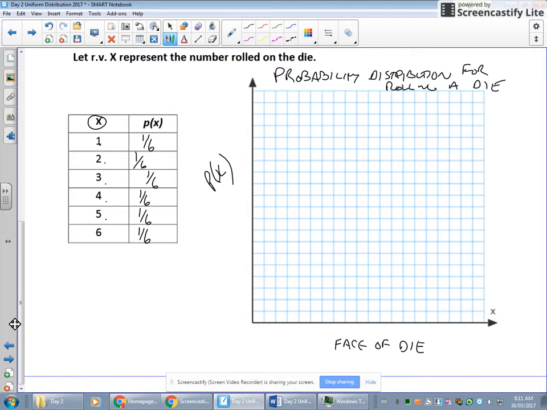So if we go up by 1 over 6, the probabilities for a 1, a 2, a 3, a 4, a 5, or a 6 are all 1/6. And we can draw lines for that if we so choose. Makes it a little bit easier to see the points. Okay, so this question just asks us to draw the graph, and so we've done that.